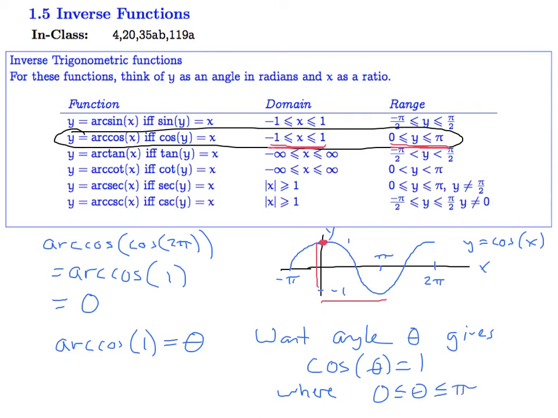In this case, the angle that gives 1 that's between 0 and pi happens to be theta equal to 0. So again, these can be a little bit difficult, but always remember that these inverse trig functions are really trying to trick you. Arccosine tells you that the range needs to be a number between 0 and pi. So even though we started with 2 pi in there, we have to get something between 0 and pi out.